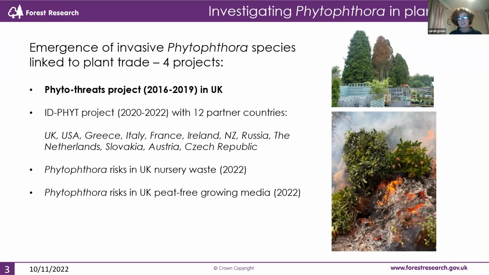Some of these constituents include chopped bark, wood fibre, processed green waste from urban areas, and also coir imported from the tropics. So these are just some of the projects we've been working on.